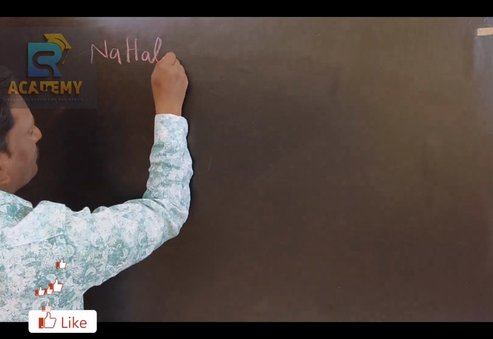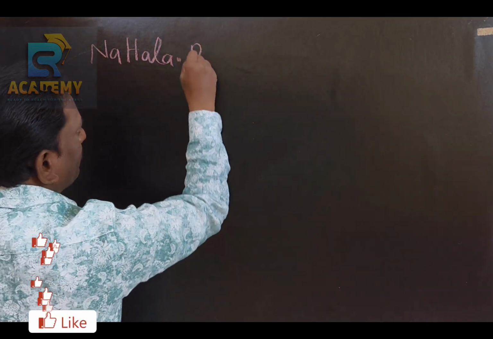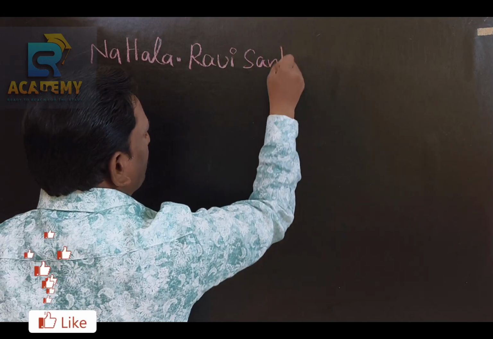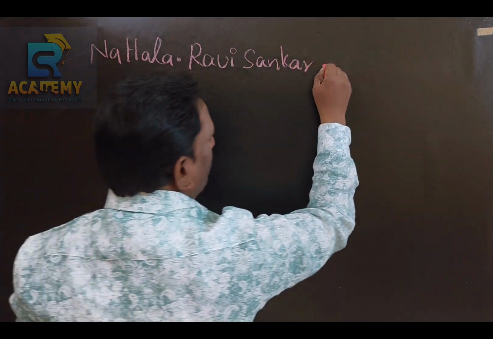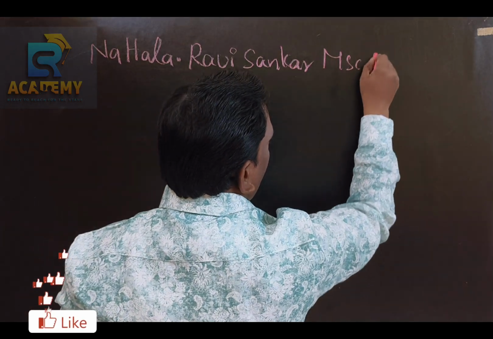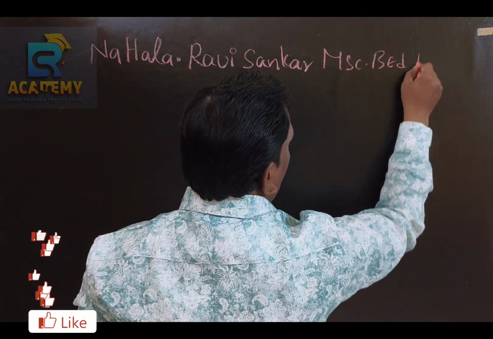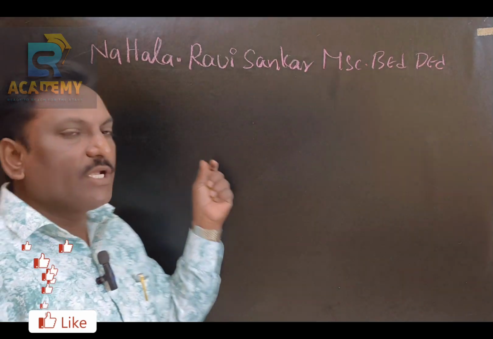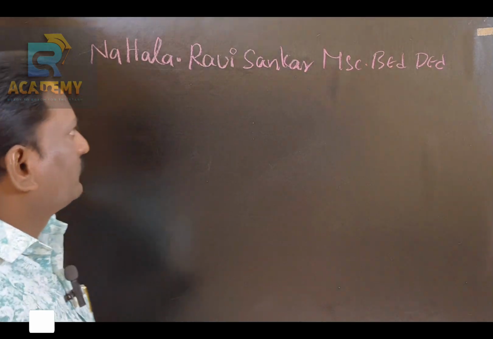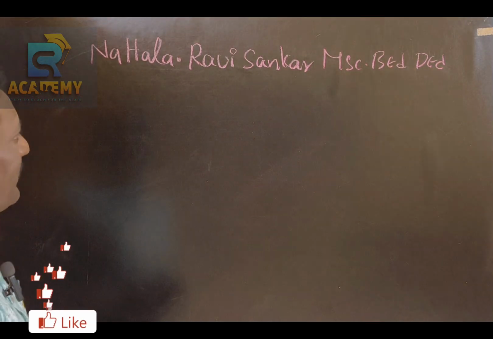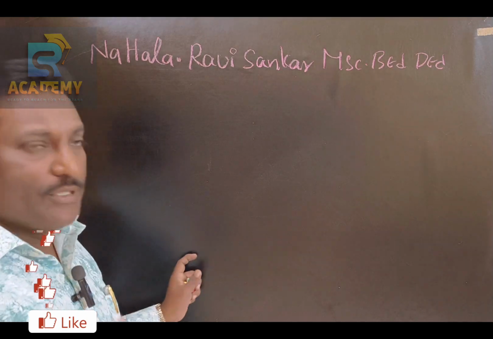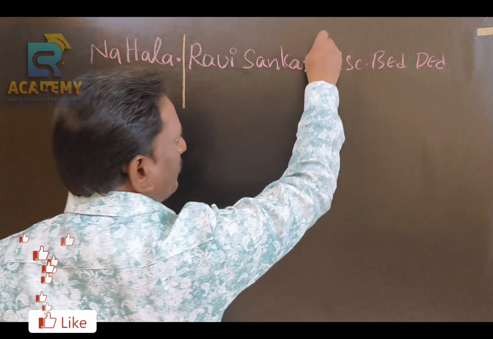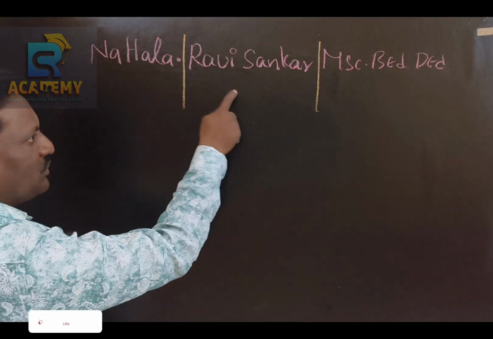Let us see. Let us assume this is the name of an organic compound. Let me divide the name of the organic compound into three parts: 1, 2, 3.